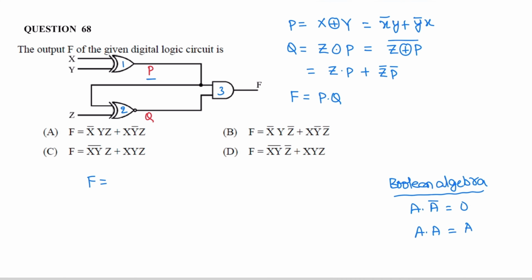For gate 1, the inputs are X and Y, so P is equal to X XOR Y, that is X bar Y plus Y bar X. Output Q has Z as one input and the next input is P. So Z XNOR P, that is Z P bar plus Z bar P. Now the final output is the AND gate of P and Q.